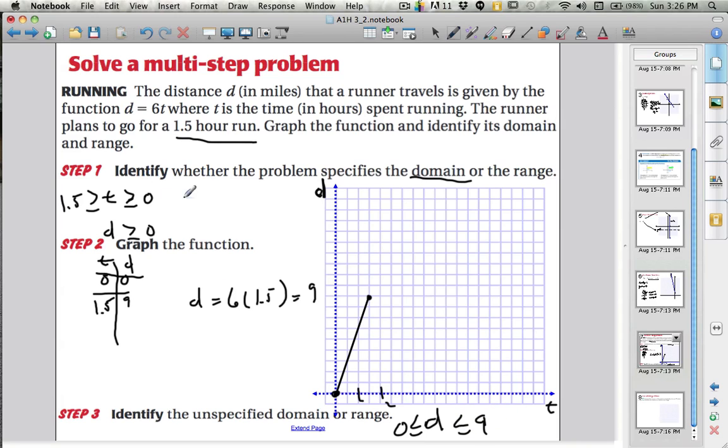So it actually would have been more proper for me to write that my time has to be greater than or equal to 0 and less than or equal to 1.5. It's not that one is wrong, but we generally want to make the values make sense in terms of where they're located. 0 is to the left of 1.5 on a number line. It's most appropriate in a compound inequality like this to make 0 to the left of 1.5.